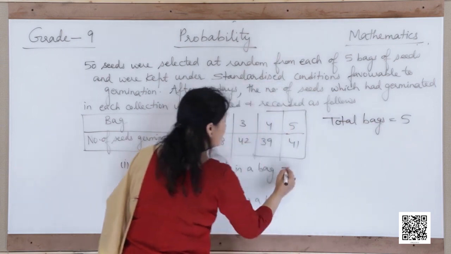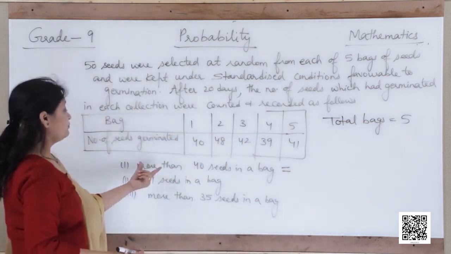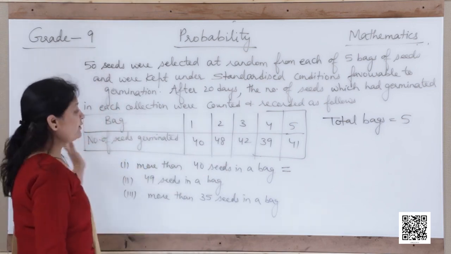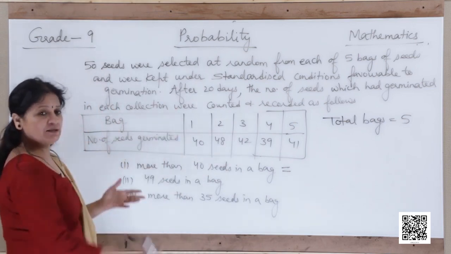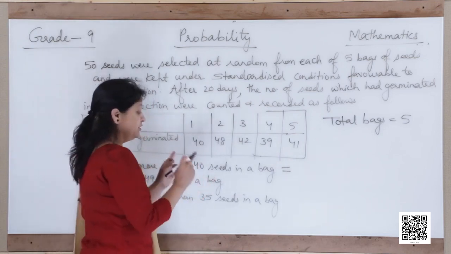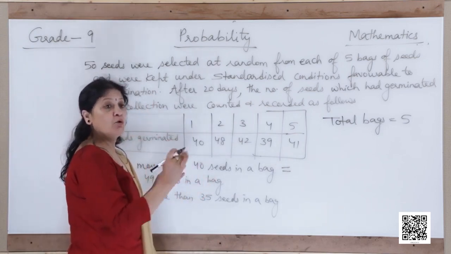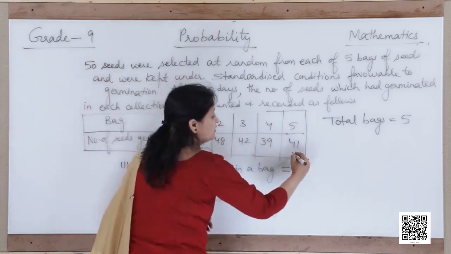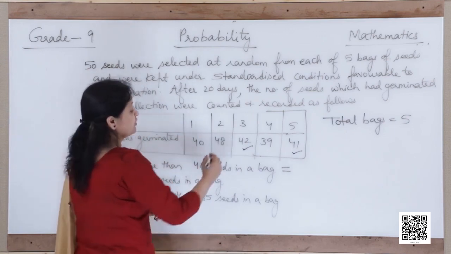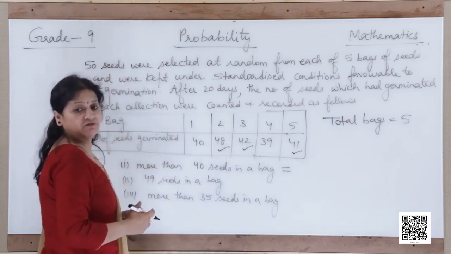Now let's write down the answer with the same question only. More than 40 seeds in a bag. In how many bags do we have more than 40 seeds? They have not said 40. They said more than 40. So here is 41 seeds, more than 40. 42, which is more than 40. 48, which is more than 40.